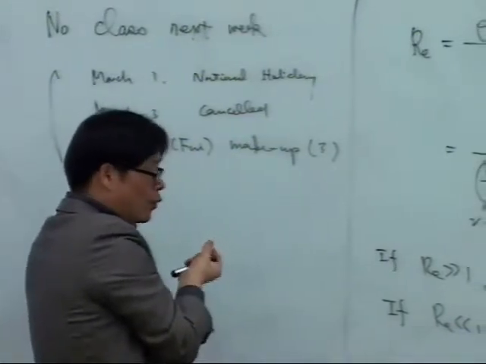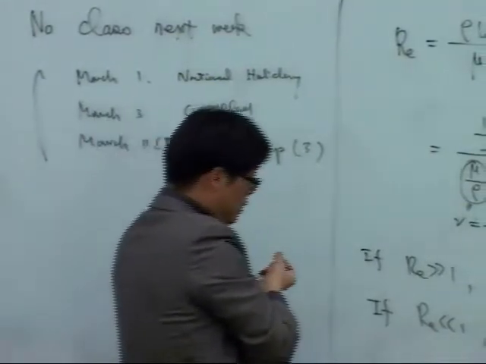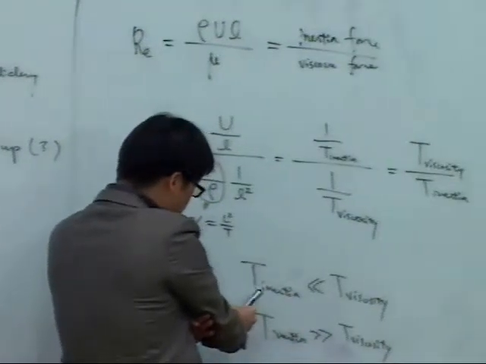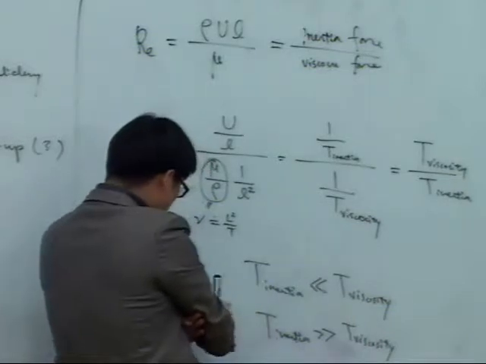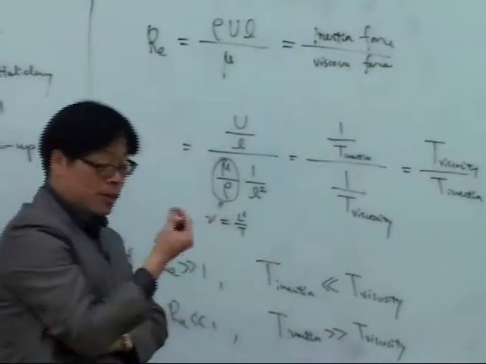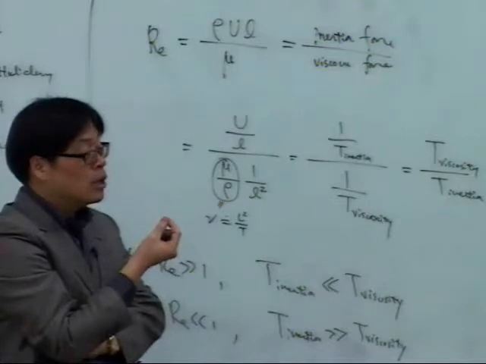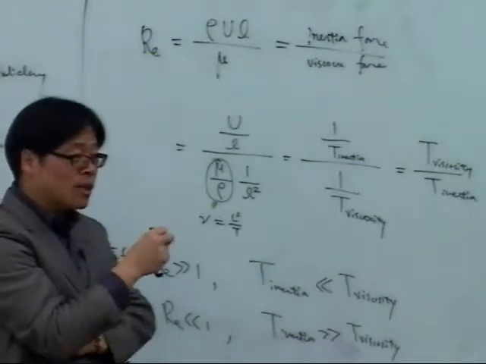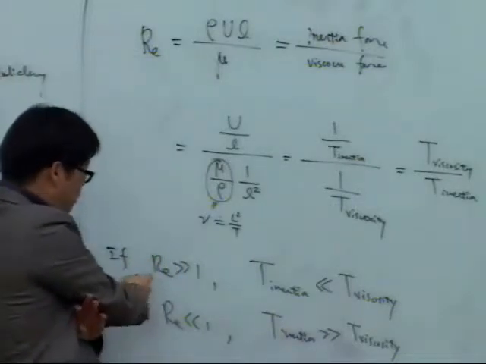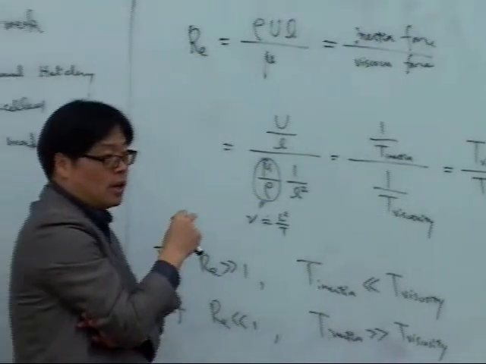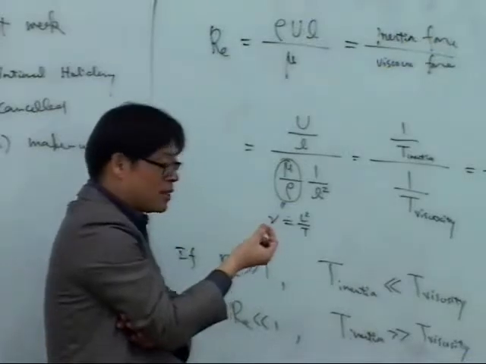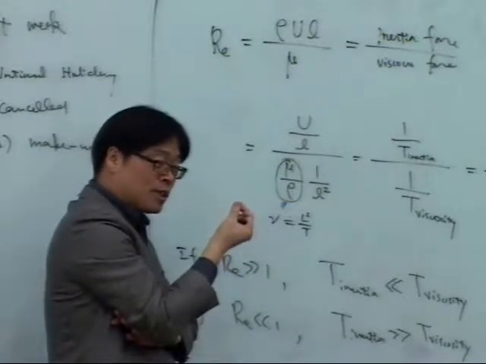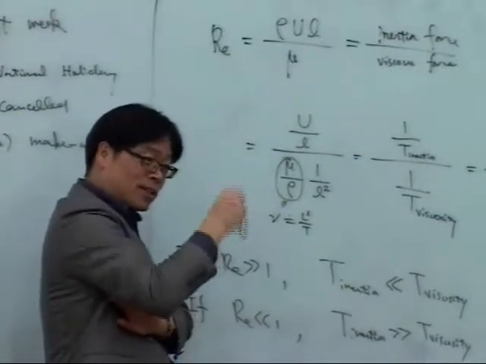The time scale associated with inertia for high Reynolds number is very, very small. So you will see more highly fluctuating flows for large Reynolds number. Small time scale means the period is small, meaning the frequency is large. So something is moving very fast.